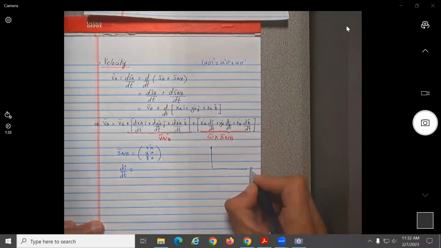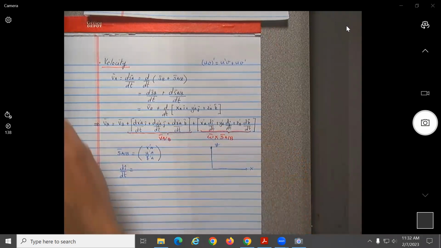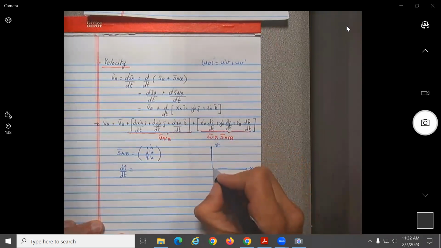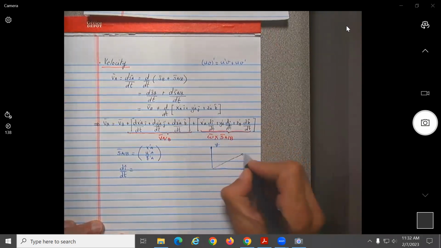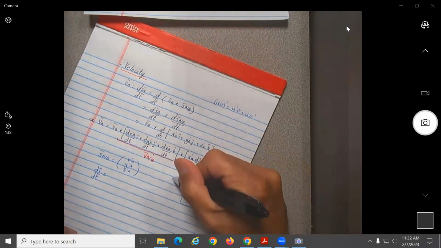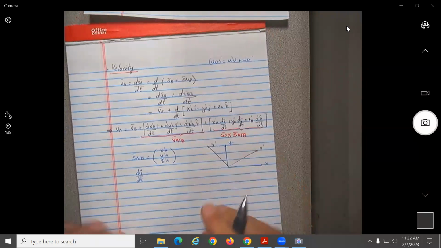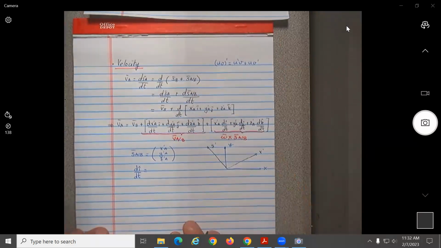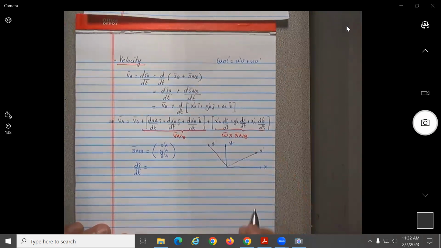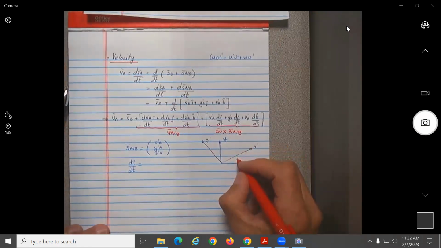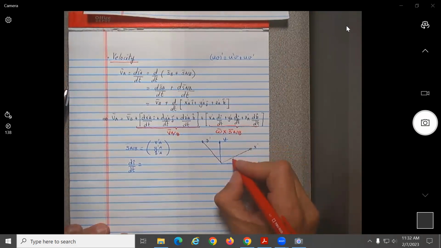Let's say this will be X, Y. And now you're going to rotate this one. So you have over here, let's say X prime, Y prime. So what will be this one here?